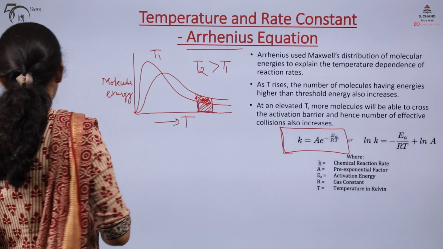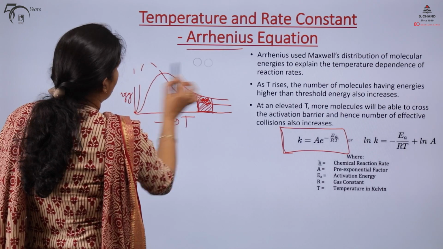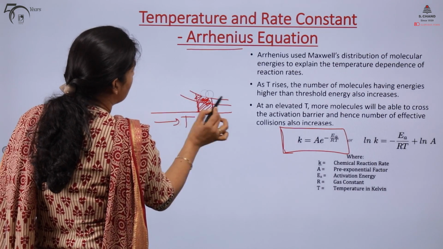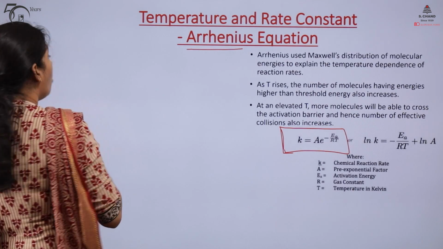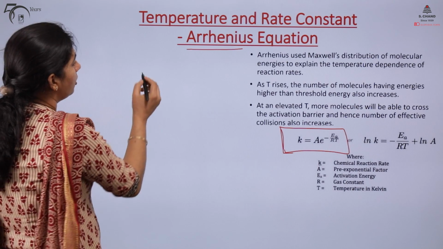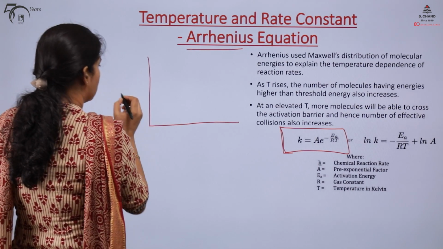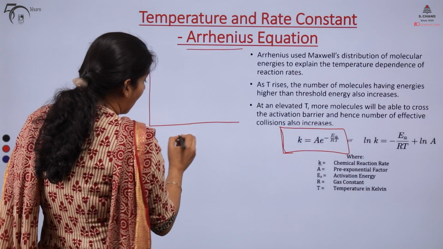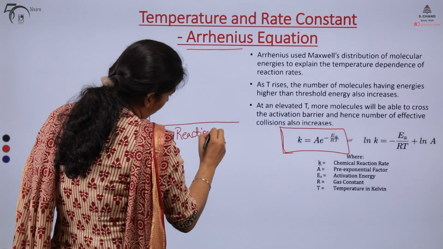Now another graph tells you that with these increased energies, more molecules are able to cross the threshold barrier. So let us understand what threshold barrier is. So this is energy and this is the reaction coordinate.